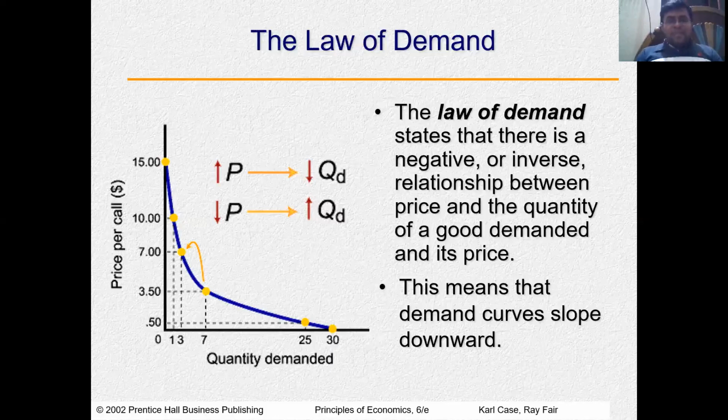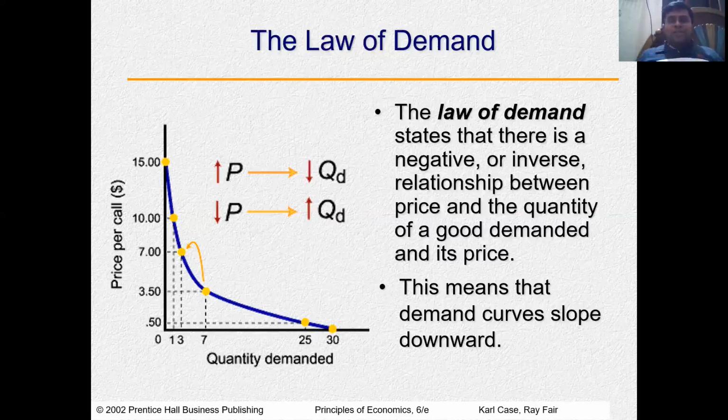In other words, if we move from $7 to $5, the number of calls increases, then in economics, it will be called extension in demand. This shows that when the price increases, quantity demanded decreases, and we remain on the same demand curve, moving leftward. If the price decreases, quantity demanded increases, we remain on the same demand curve, but move rightward.